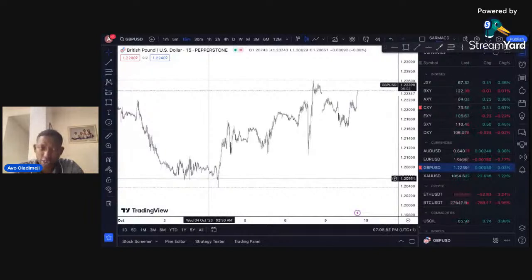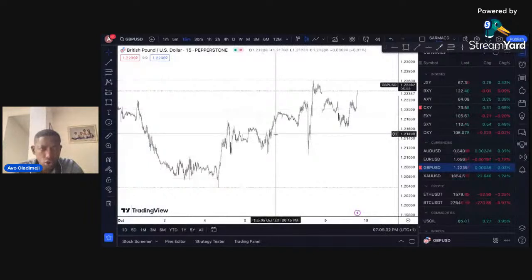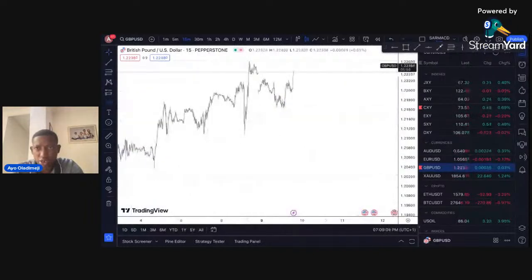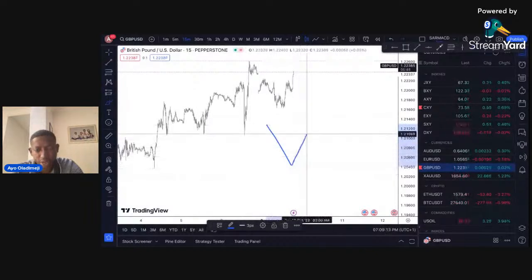So what that means is that support happens when price is coming down and then gets to a price level and bounces off that price level, and price changes direction upward. That area or level where price bounces upward is called a support.